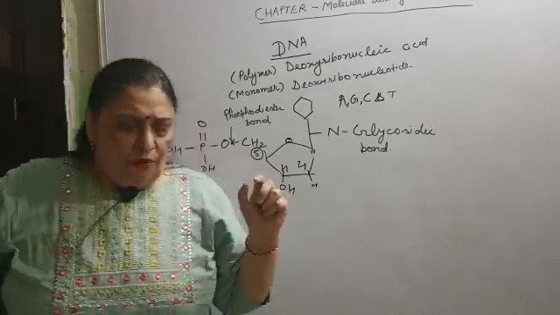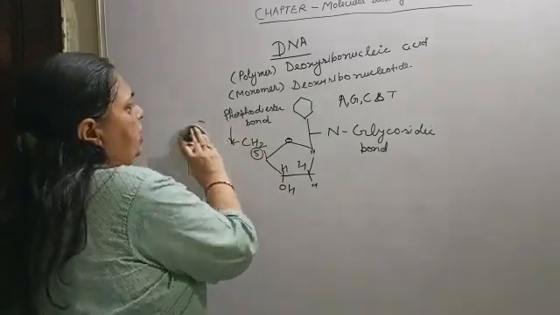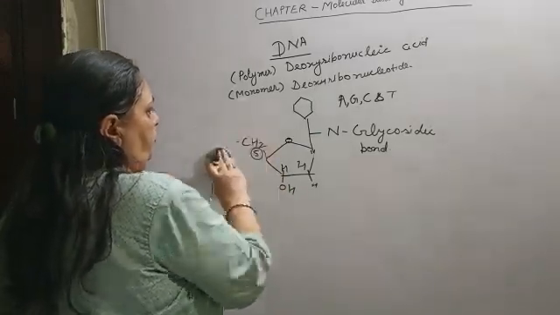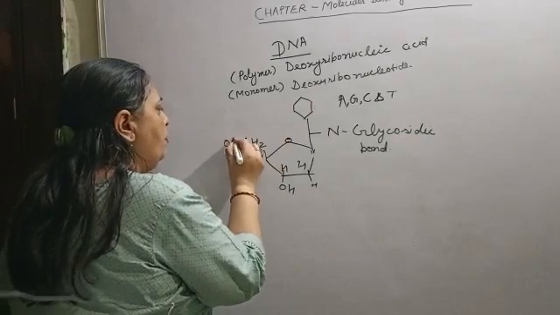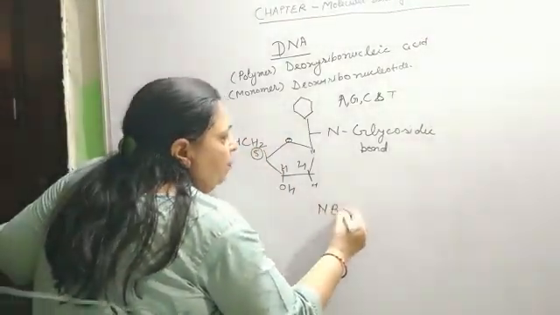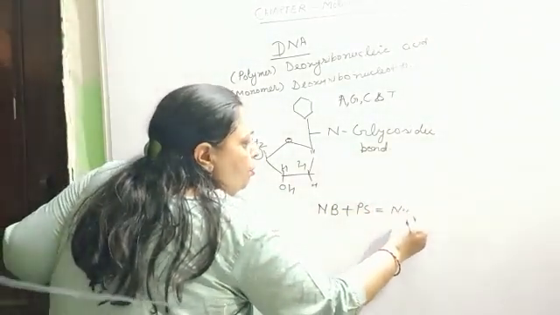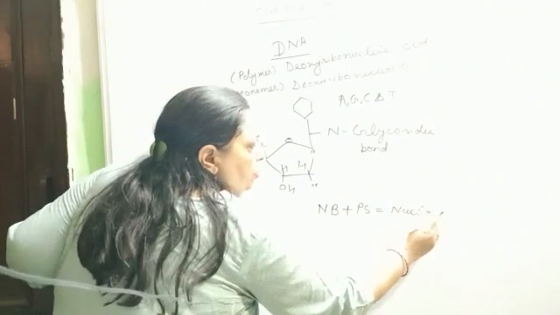Right, now we will understand: if there is no phosphate group, then nitrogenous base plus pentose sugar will form a nucleoside.